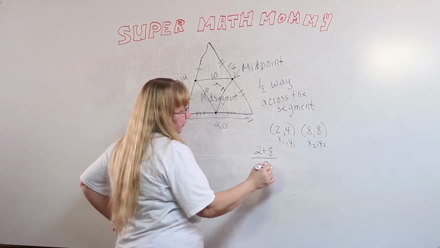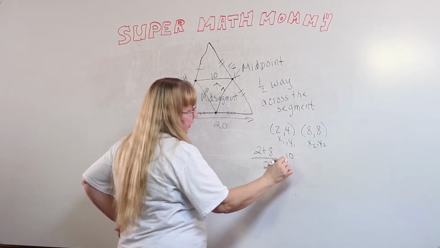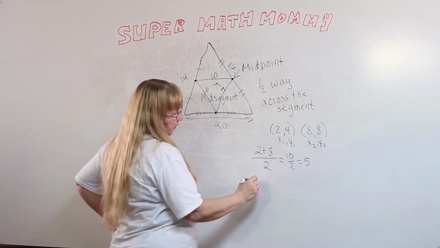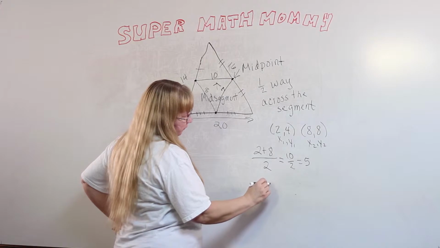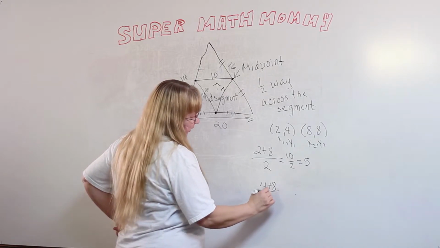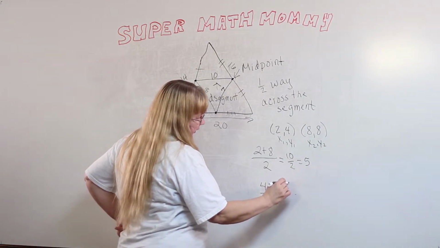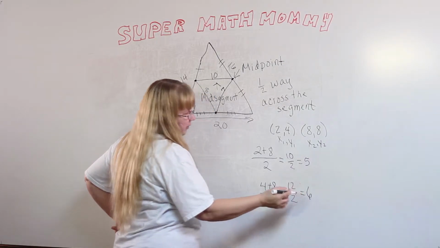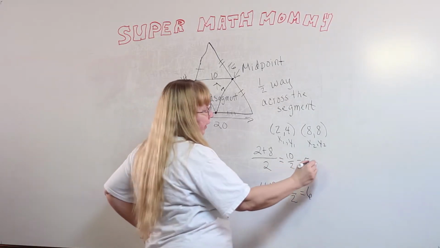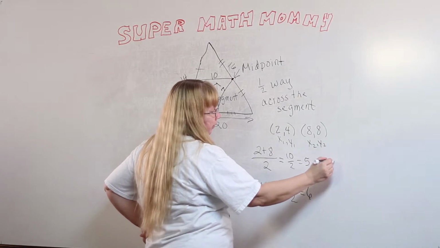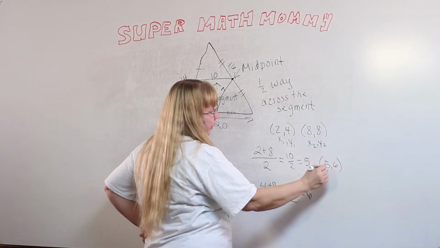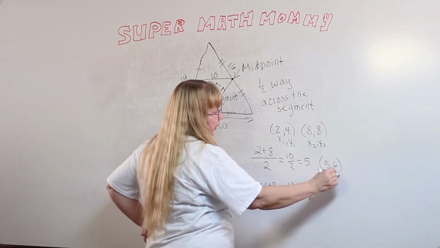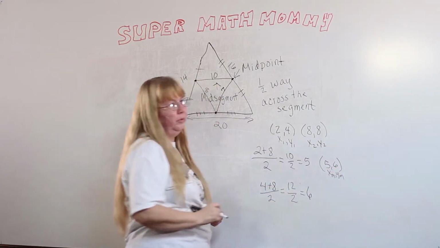So I add it together and divide by 2, so that gives me 10 halves, which is equal to 5. And then 4 plus 8 divided by 2 equals 12 over 2 equals 6. So my midpoint on the graph would occur at the point 5, 6, where 5 is my x of the midpoint and 6 is my y of the midpoint.